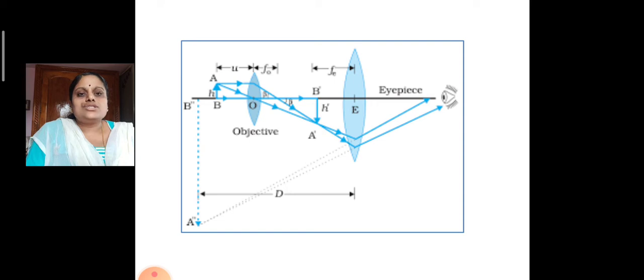The final image will be formed at the least distance of distinct vision, capital D. The final image will be inverted. FO and FE represent the focal length of objective and eyepiece respectively. H represents the size of the object. H dash represents the size of the image formed by the objective.